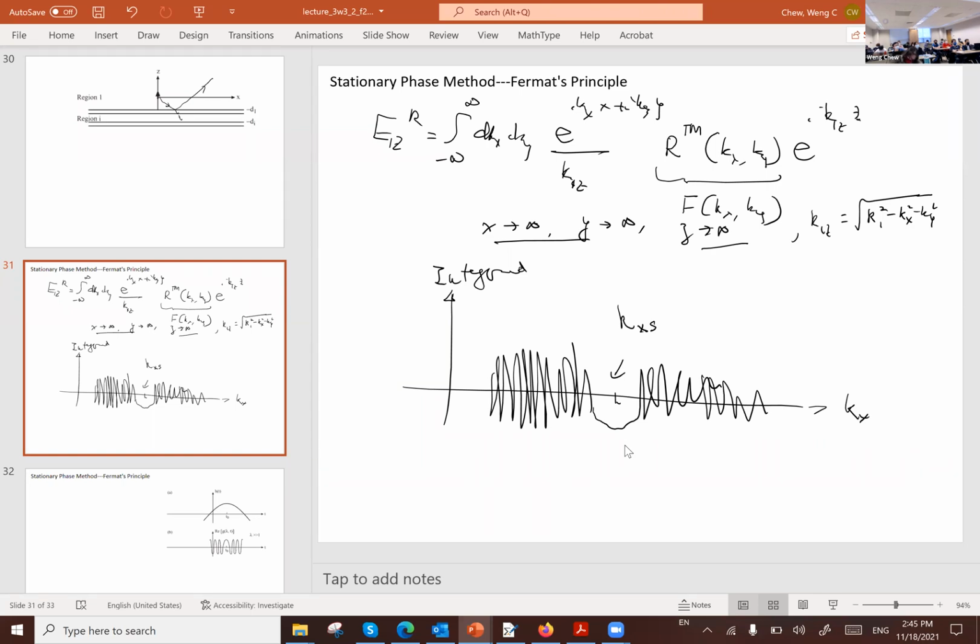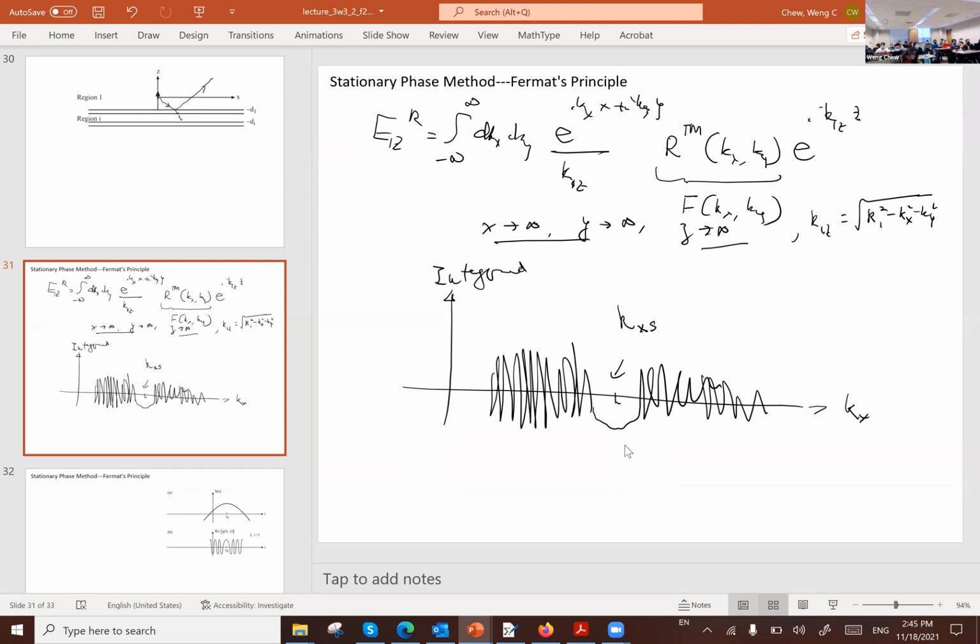So in this manner, this function is behaving almost like a delta function. Remember, if you multiply a delta function with another function and integrate, you only need to worry about where the delta function peaks to be a very large number. So this stationary phase point is acting almost like a delta function, having its shifting property.